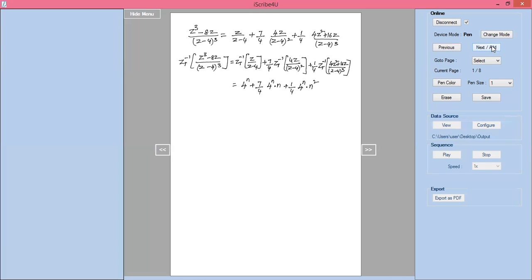Already I took the z inverse of z cube minus 8z divided by (z minus 4) whole cube, which is the required solution.